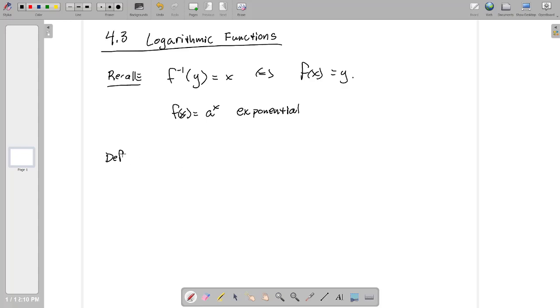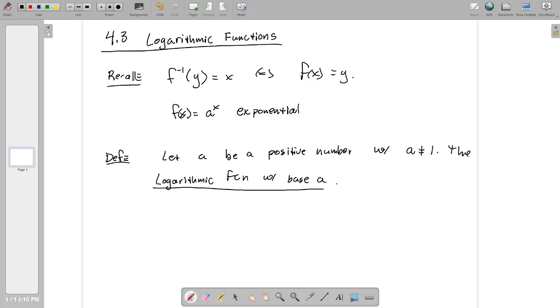Let's start with the definition. Let a be a positive number where a is not equal to 1. The logarithmic function with base a, denoted by log a, where a is a subscript, is defined by log sub a of x is equal to y if and only if a to the y is equal to x.